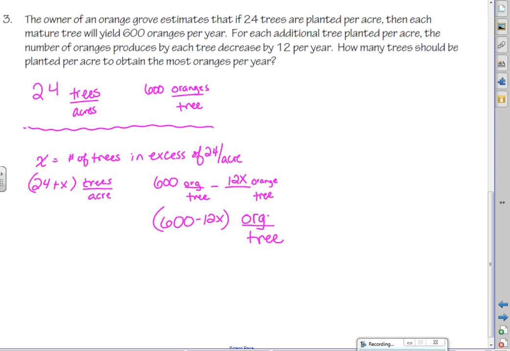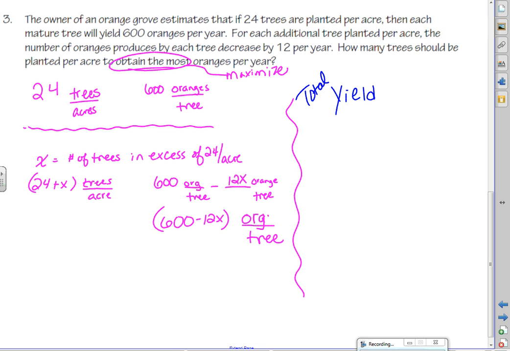Now, we want to obtain the most, which tells me we want to maximize the situation. So what would our equation look like? This is all helper stuff that we've been writing down so far. Now let's write an equation that talks about the yield, really the total yield, isn't it?